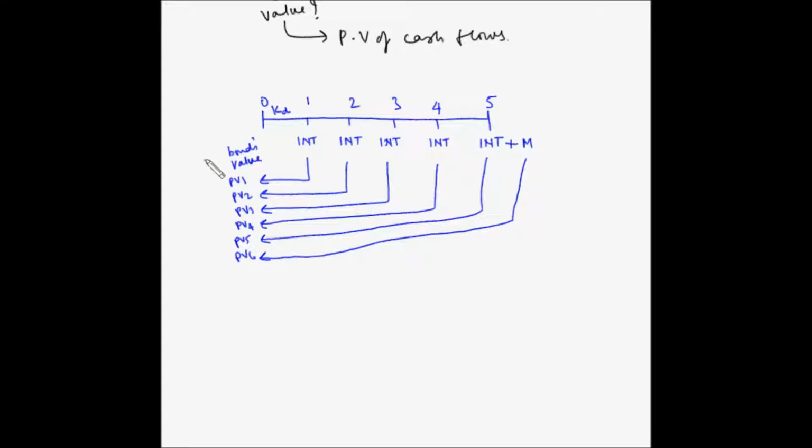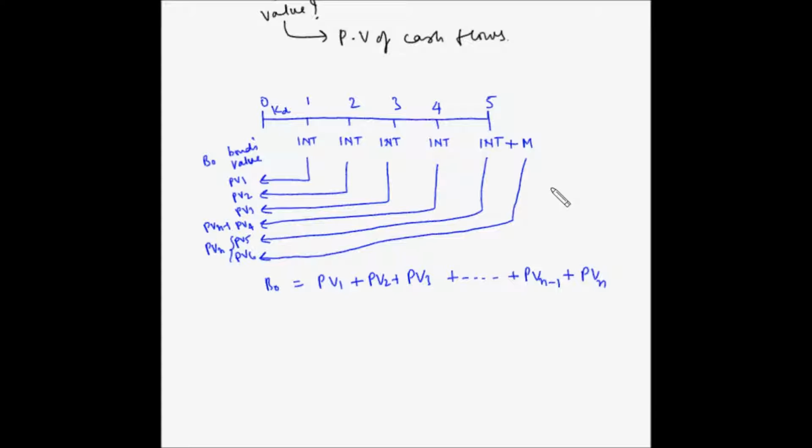And let's say the bond's value is represented as B0. So B0 will be equal to PV1 plus PV2 plus PV3 and so on up to PVN minus 1 plus PVN. So basically in this example these two combined will be PVN and PV4 will be PVN minus 1.